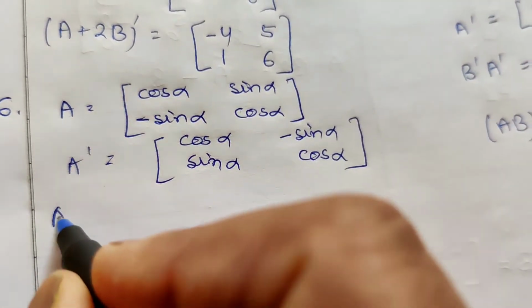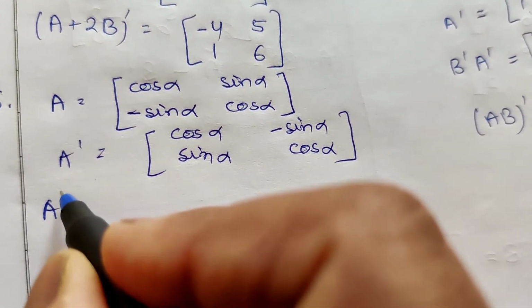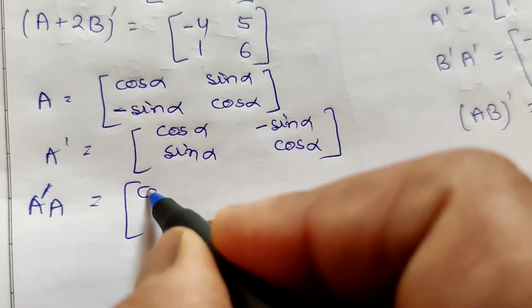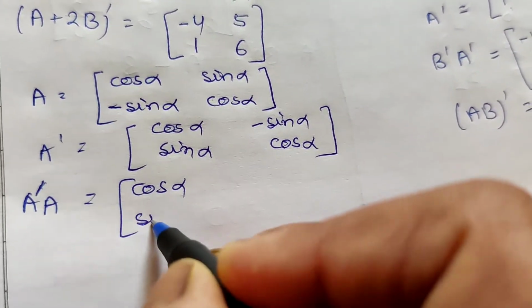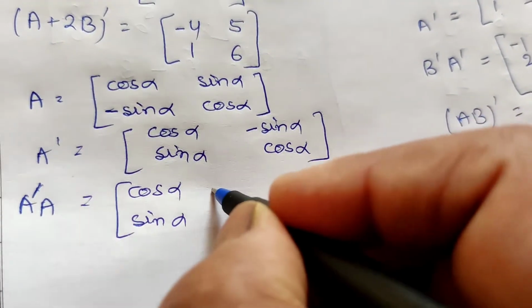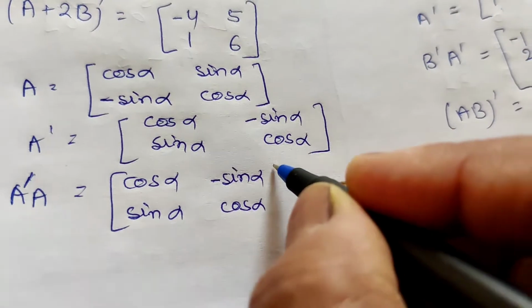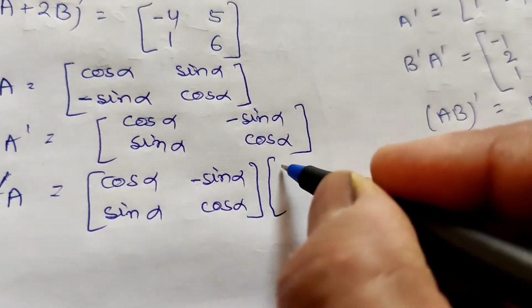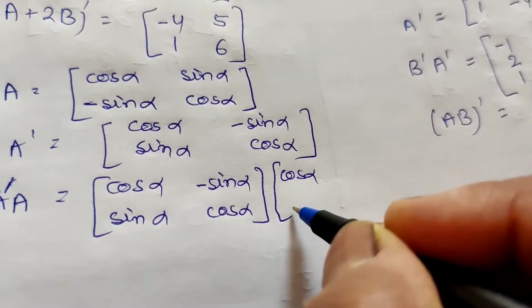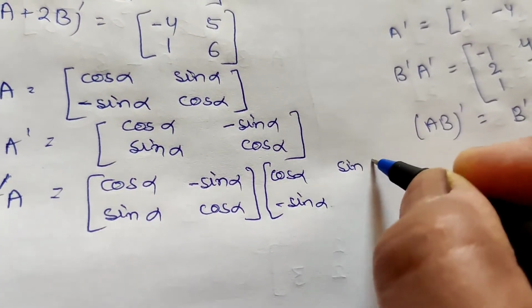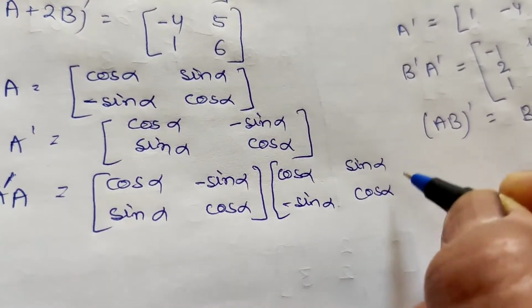The product of these two, transpose of A into A, equals cos alpha, sin alpha, minus sin alpha, cos alpha, multiplied by A, which is this, cos alpha, sin alpha, minus sin alpha, cos alpha.